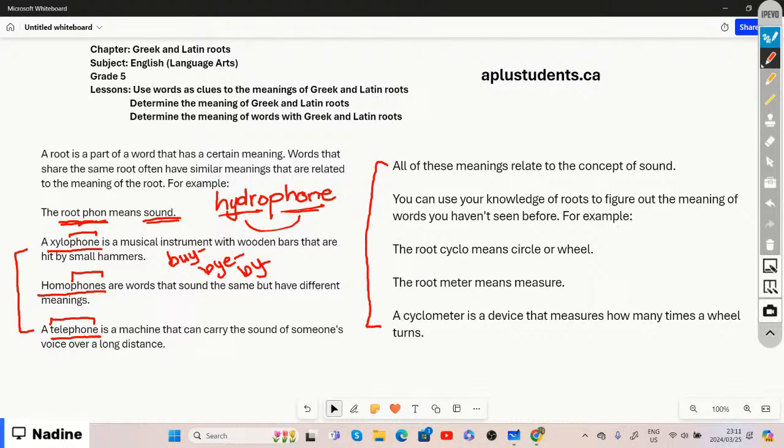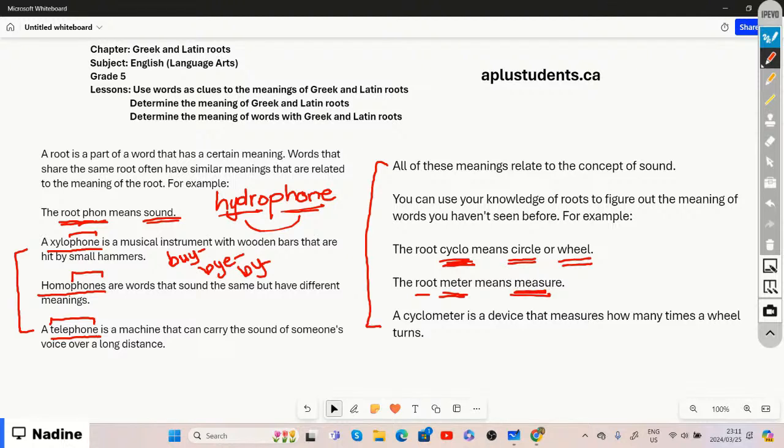This is now roots that we are now using. So now we have the root word, let's say the root word of cyclo. Look at the root word cyclo. And we said cyclo either means circle or it means wheel, right? That is cyclo. And then we also have another root word, which is meter. And meter means to measure.